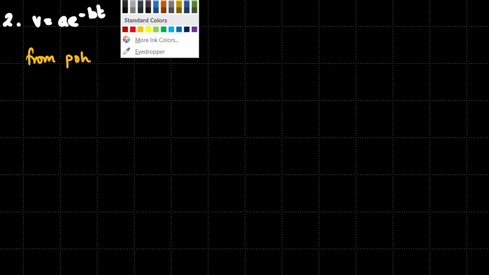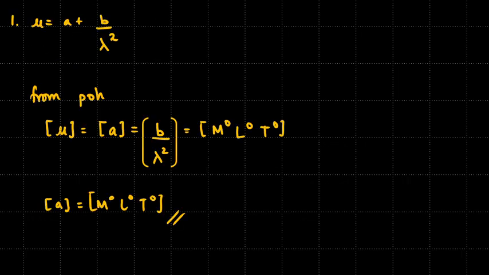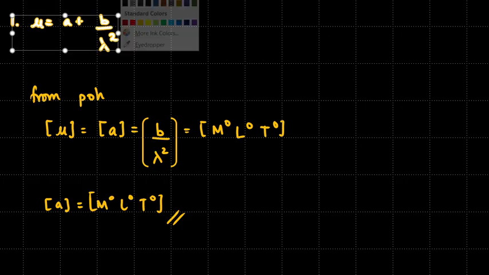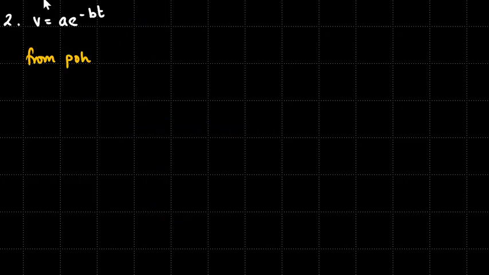Now let's move on to the second question, which was V equals A e to the power minus B t squared. Again, from the principle of homogeneity, the dimension of V must be equal to the dimension of A e to the power minus B t squared.